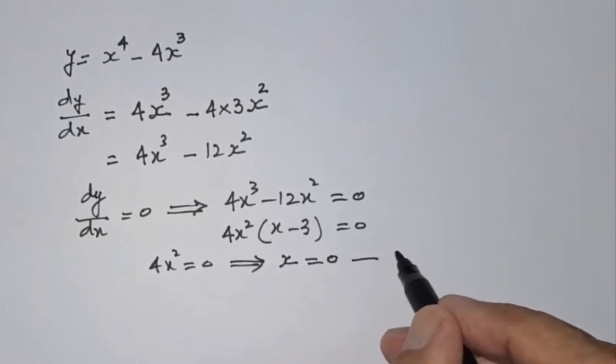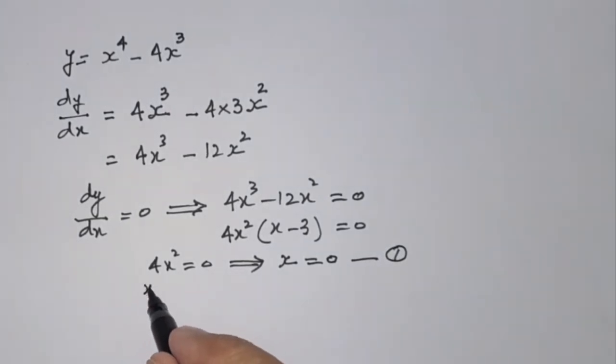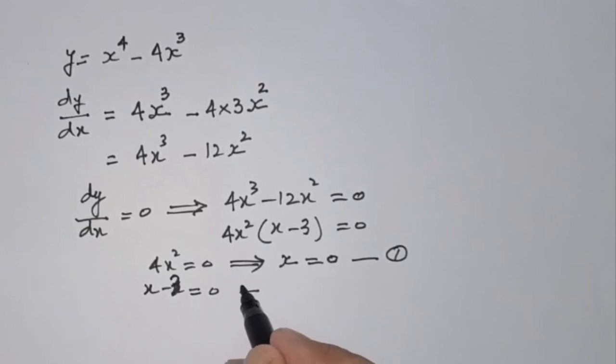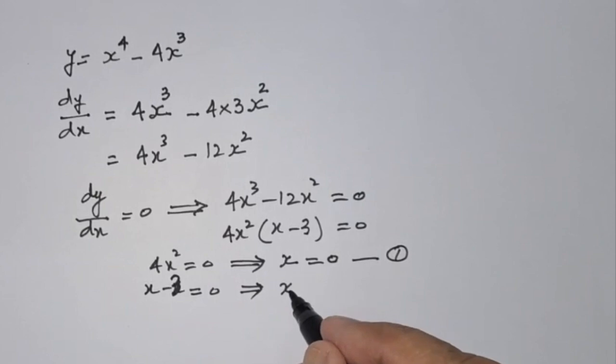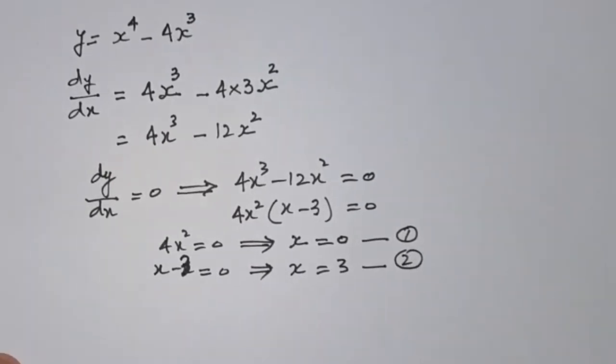This is the first value of x. Then we say x minus 3 is equal to 0, means x is equal to 3. This is the second value of x. So we have to find the value of y for every value of x.